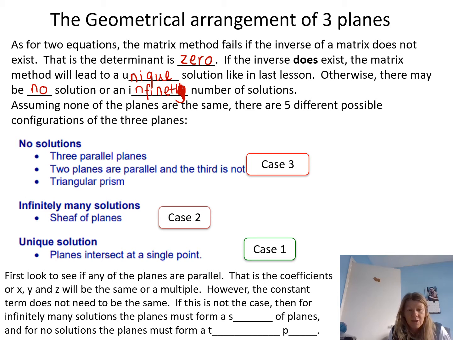That is, the coefficients of x, y and z will be the same or a multiple of each other. However, the constant term does not need to be the same, so don't worry about looking at those. If they're not parallel, then if there are infinitely many solutions, the planes must form what we call a sheaf of planes.